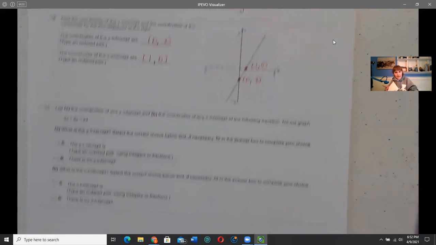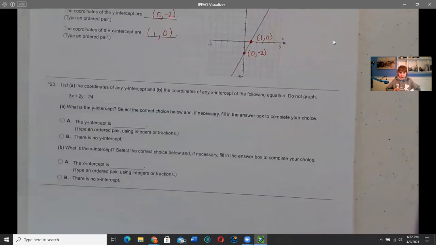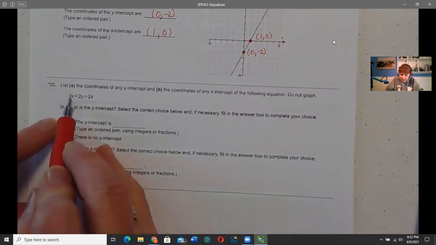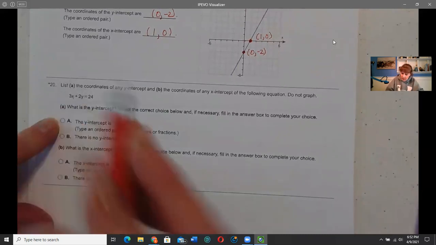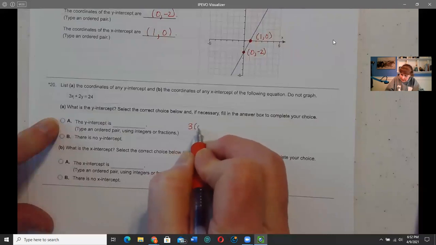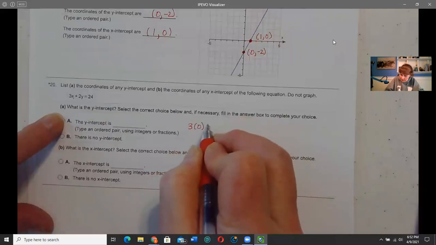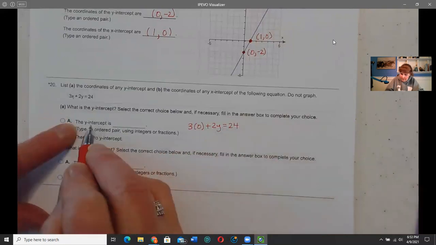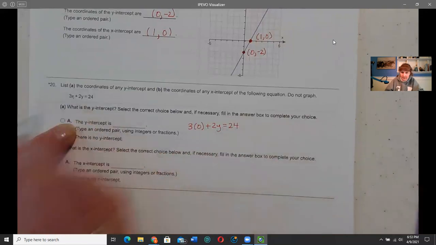But what happens if you're given the equation? How do I find the x and y-intercept? To find the y-intercept, we know that the x is 0. So here we're just going to make the x 0 and solve it for y. When you want to find the y-intercept, the x is 0.